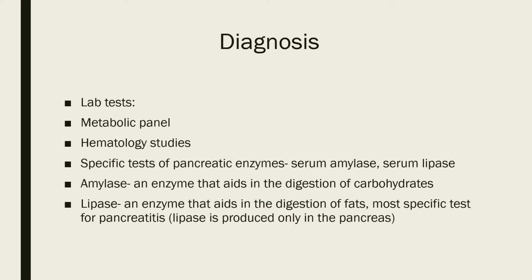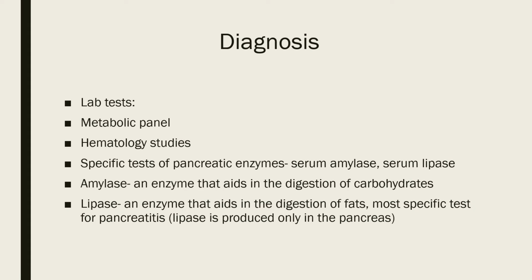Lab tests. The doctor may order a metabolic panel, some hematology studies, some specific tests of pancreatic enzymes, such as the serum amylase, serum lipase. Amylase is an enzyme that will aid in the digestion of carbohydrates.